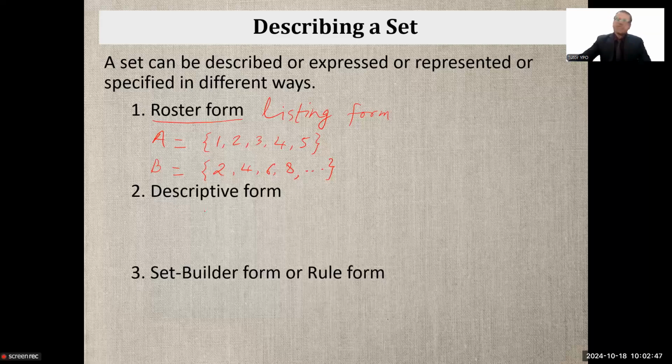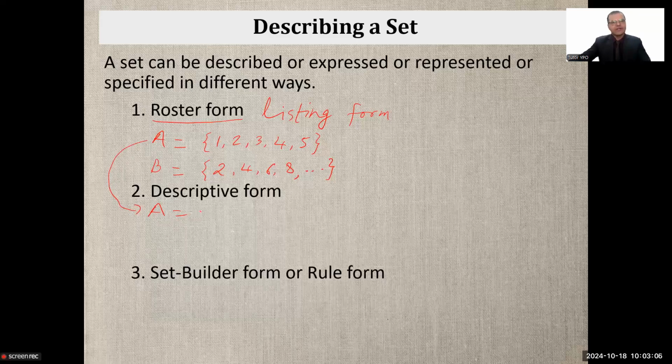Now, in descriptive form, we describe. Instead of listing the elements, we describe the property of the set. For example, let's consider just this set A. A is a natural number up to 5.